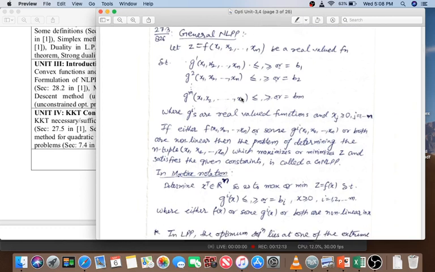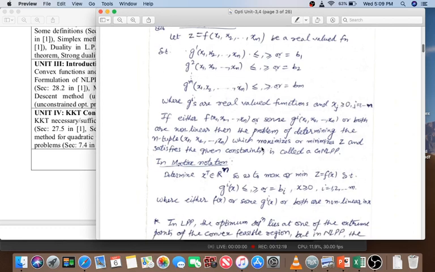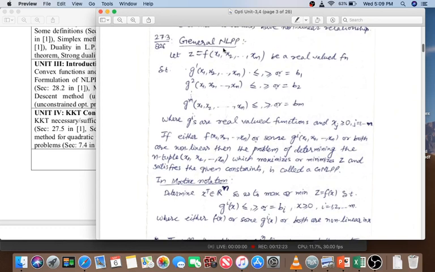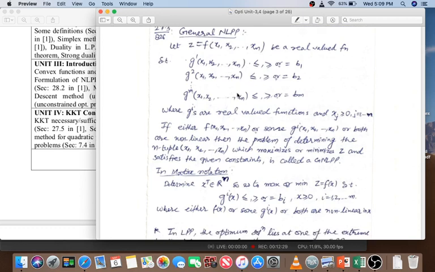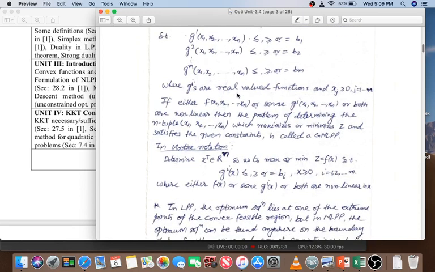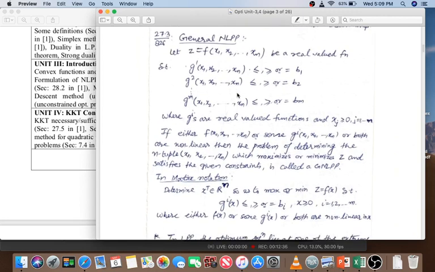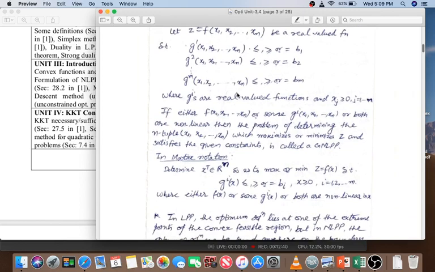If either f, this objective function, or some of these constraints, or both are non-linear, then the problem of determining these n-tuples which maximizes or minimizes z and satisfies the given constraints is called a general non-linear programming problem. I can write this in matrix notation, same as we have done in linear programming problems.